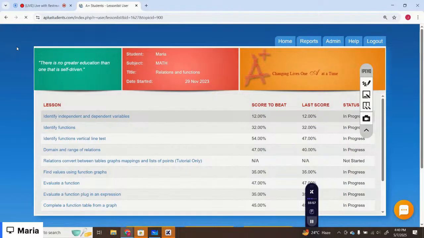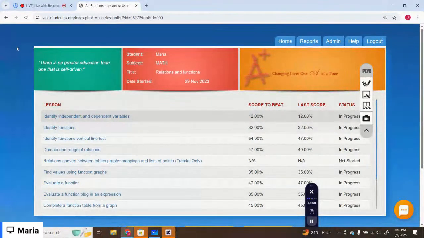The lessons we have covered today are identify independent and dependent variables, identify functions using the vertical line test, and domain and range of relations. So please make sure before the next session you complete all the practice questions for the lessons you just did. That is your homework until the next session.